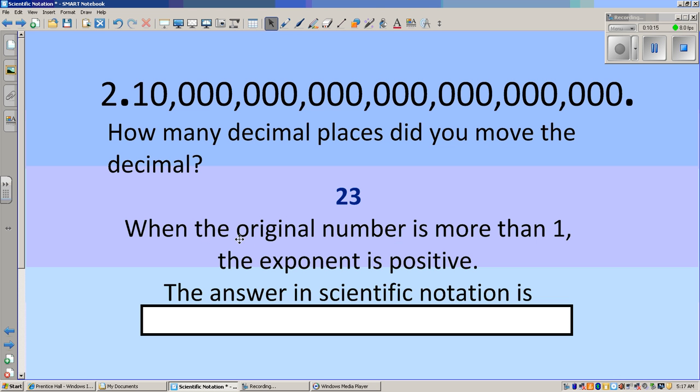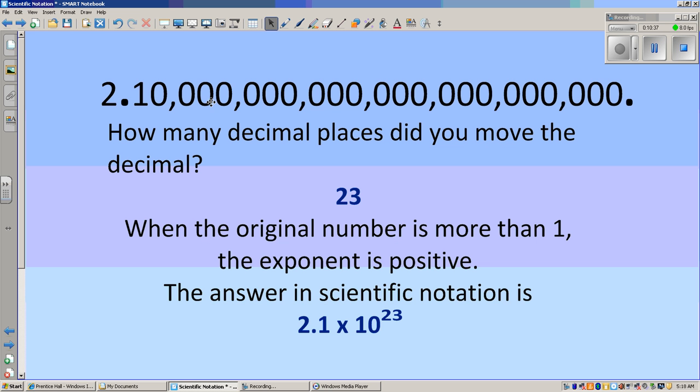All right, so when the original number is more than 1, and our original number was that big old number here with our decimal at the end, the exponent is going to be positive. So your answer in scientific notation would be 2.1 times base 10 to the 23rd power, where 23 here represents how many times you moved your decimal.